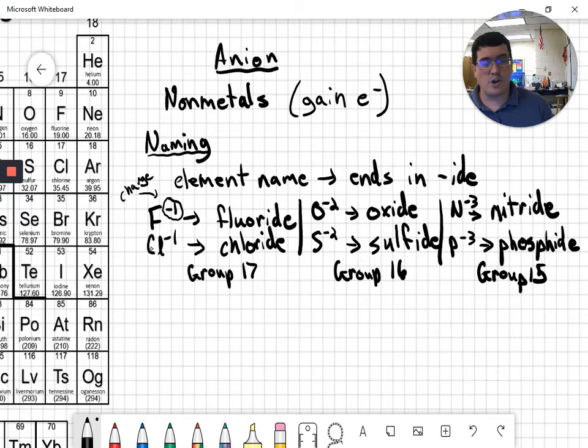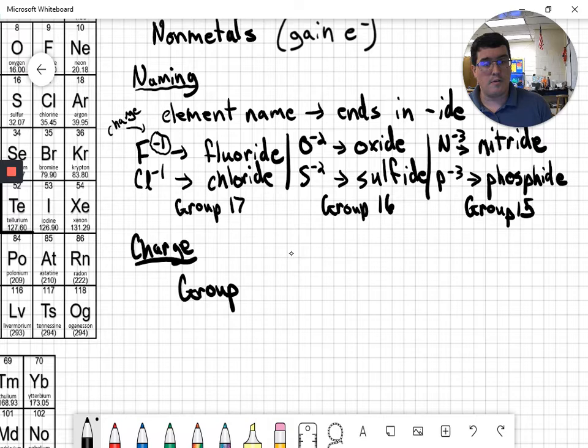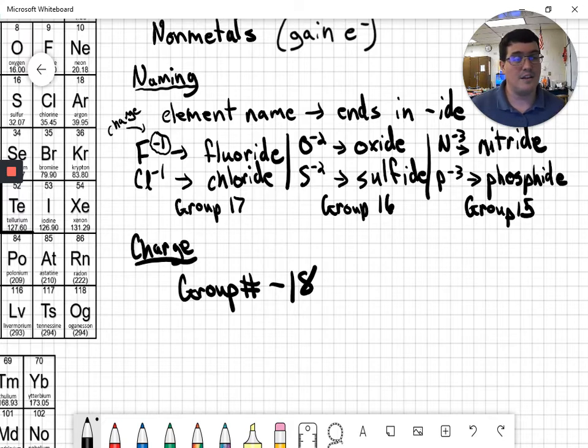To figure out what charge we expect for an anion from the periodic table, all we have to do is take the group number minus 18. All these were in group 17, and 17 minus 18 is -1. Group 16, 16 minus 18 is -2. Group 15, 15 minus 18 is -3.